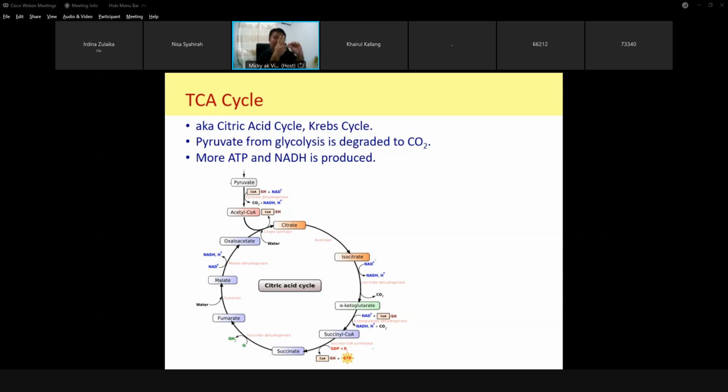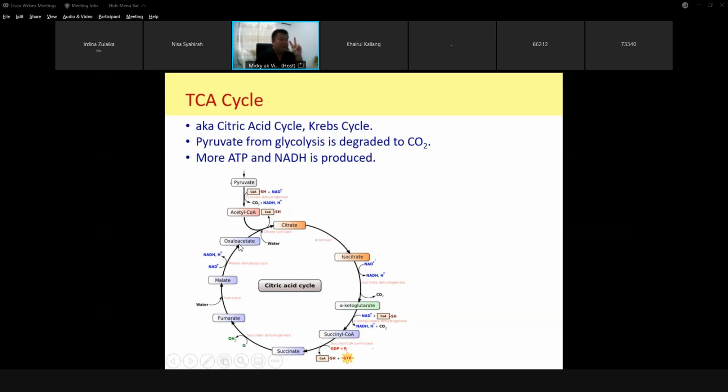Satu ni dia akan jadi CO2. So 3 carbon, hilang 1 carbon in the form of CO2, producing NADH, and 3 carbon akan menjadi 2 carbon. So acetyl-CoA is actually 2 carbon.